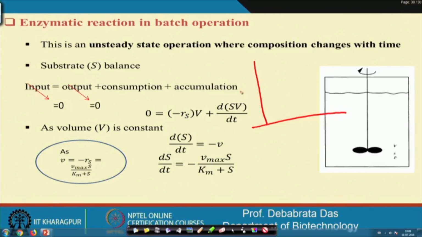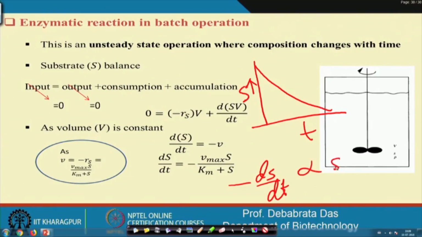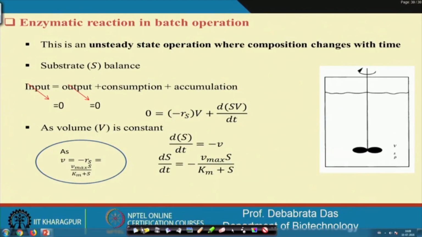If you look at the substrate concentration with respect to time, it will keep on decreasing. As we know, the rate of substrate degradation is proportional to the substrate concentration. Am I right? Now if the substrate concentration keeps on changing, naturally the rate of reaction changes. So it is an example of an unsteady state operation.